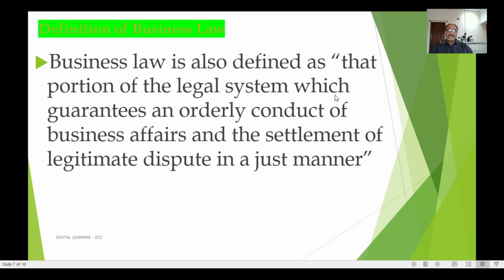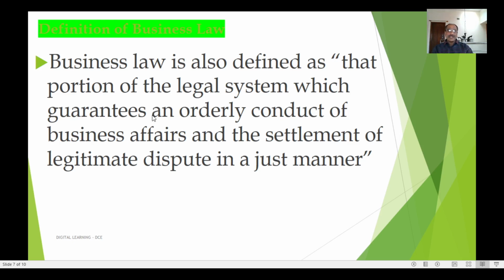If everybody follows the law relating to business, then business people will not face any legal problems or legal consequences.